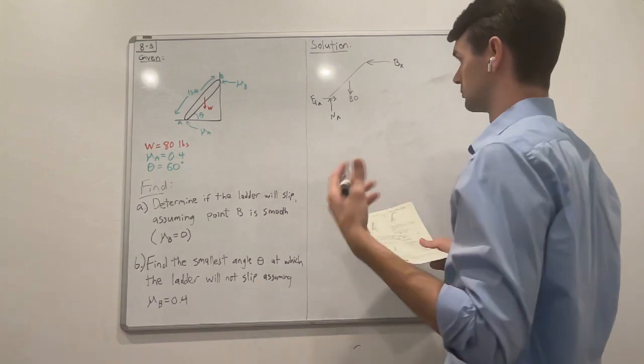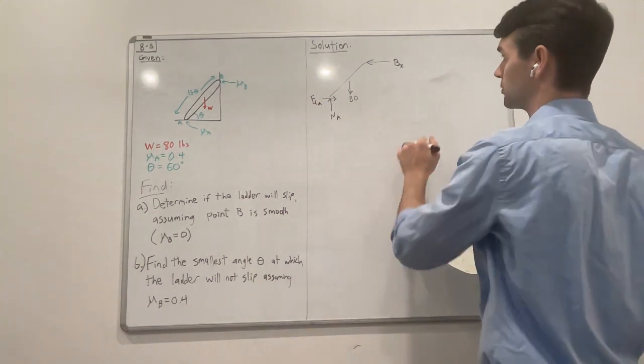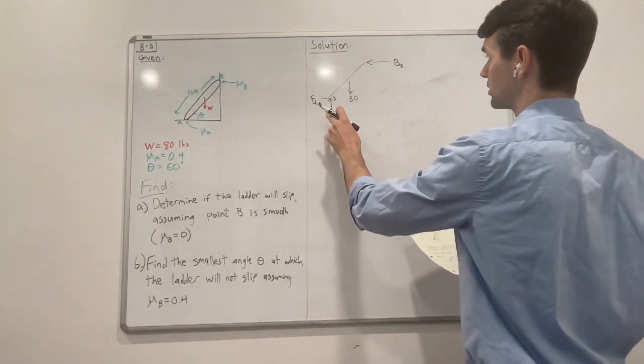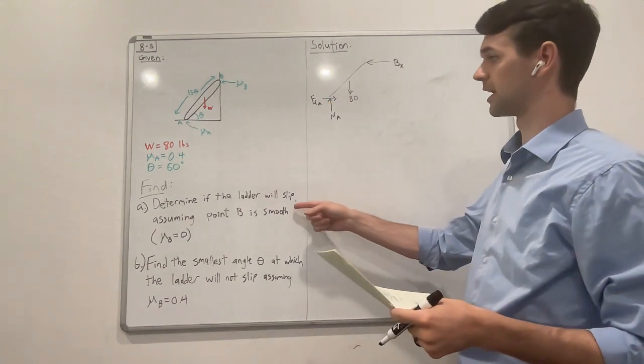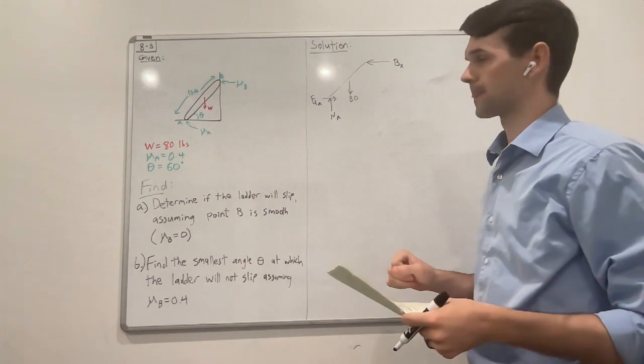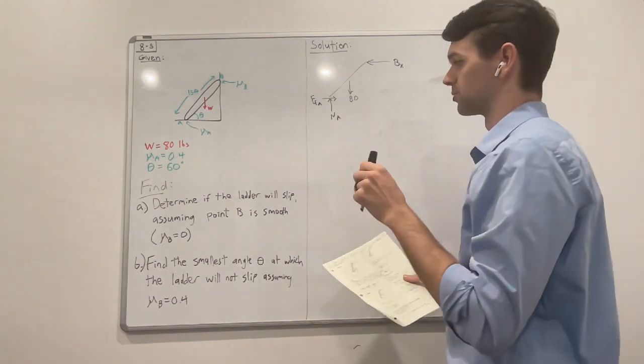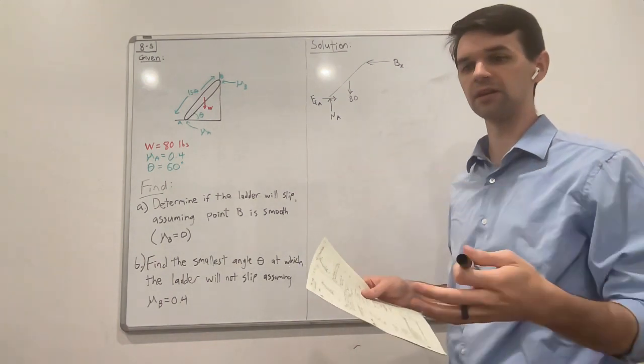So we have the setup, we have three unknowns. The way this problem is worded, we're trying to find out if the ladder will slip. That means we're dealing with what we call impending motion.